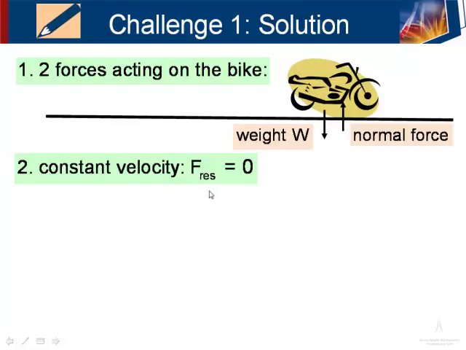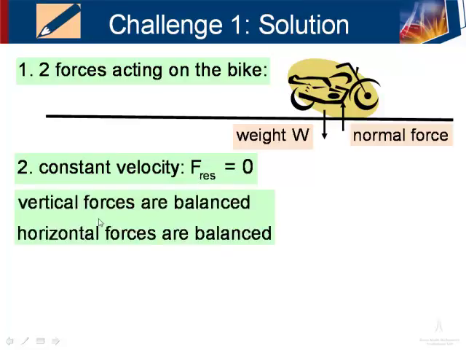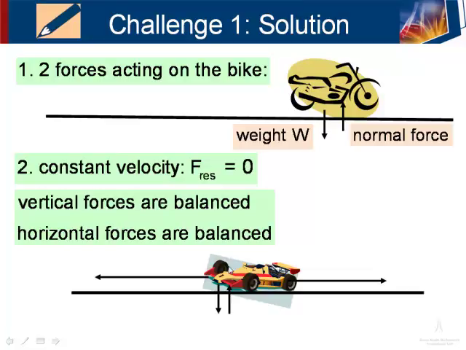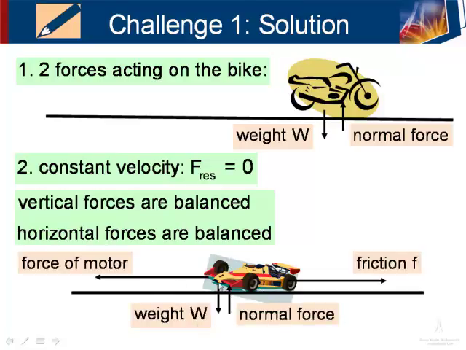Therefore, the resultant force is 0. The vertical forces are balanced and the horizontal forces are also balanced. Having a look at the car moving at a constant velocity, we have the weight downward, the normal force upward, and the force of the motor forward, and the frictional force in the reverse direction.